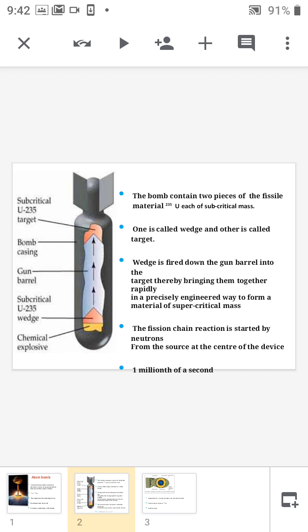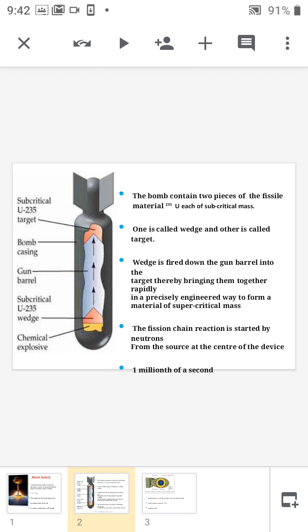Before the initiation of the process, the wedge is fired down the gun barrel into the target material, that is again uranium-235, thereby bringing them together rapidly in a precisely engineered way to form a material of supercritical mass.